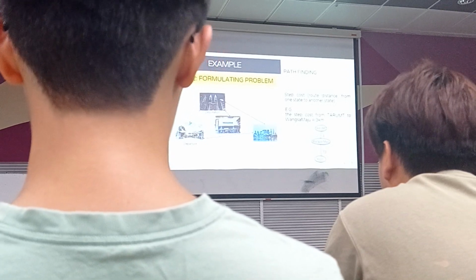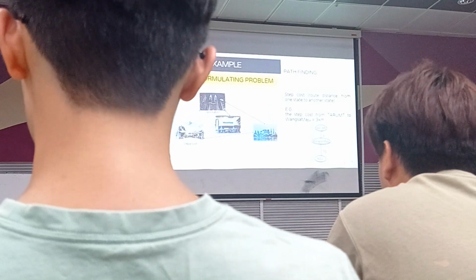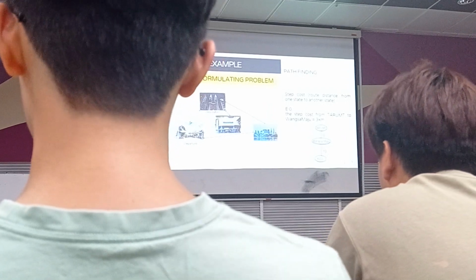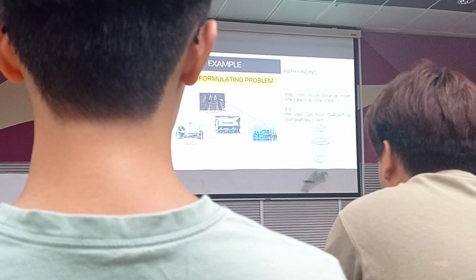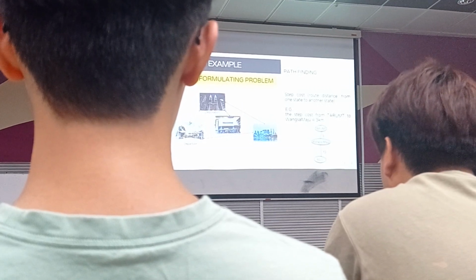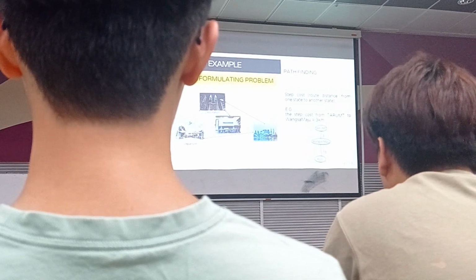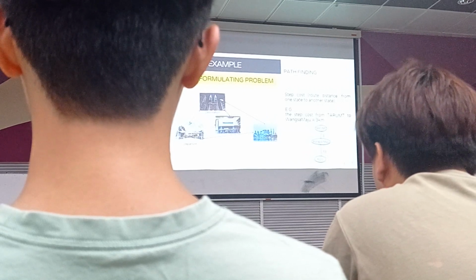If your optimal solution is to reach the destination in the shortest distance, then your cost will be 3 kilometers. If your optimal solution is to reach the destination in the least amount of time, then your cost will be seconds, minutes, hours.